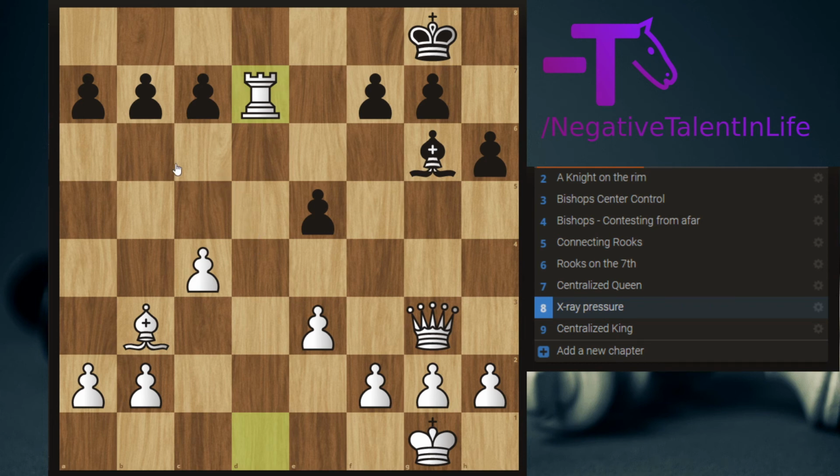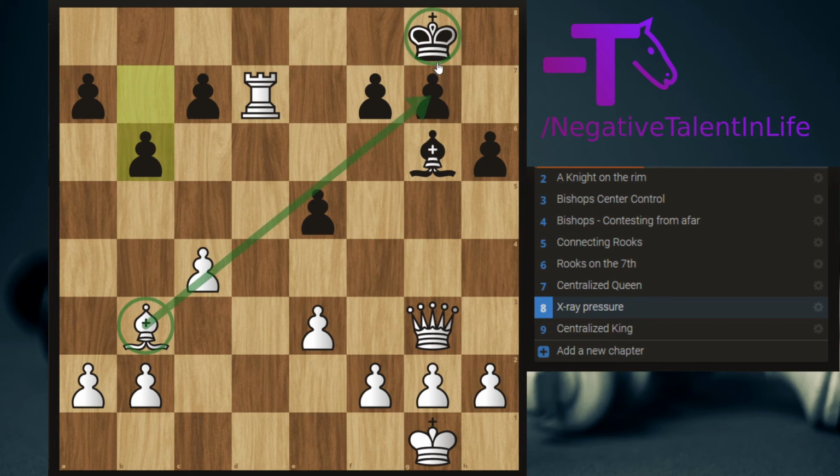So let's just say Black makes 2 not very useful moves. And the other piece that we see has an X-ray going. This bishop, once again, there are 2 pawns in the way. But this bishop is on the same rank as this king. It's sending off alarm bells in my head.